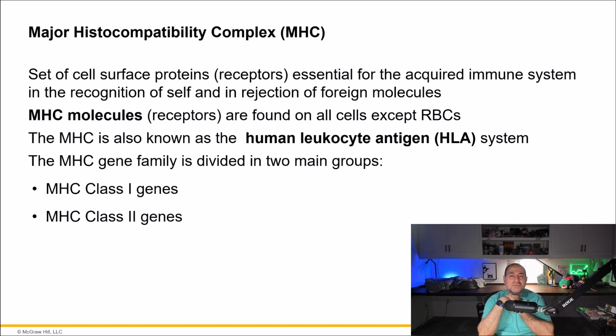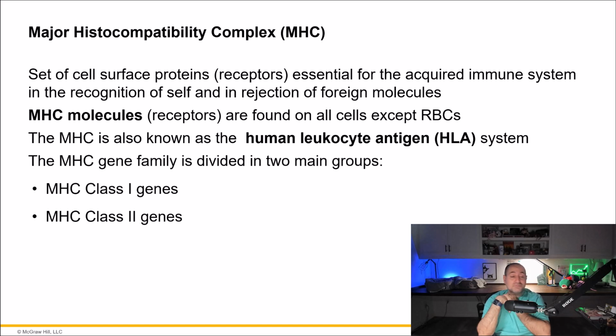And then those are the ones that become activated and destroy cells that are presenting that antigen. That's how cytotoxic T cells work. They recognize foreign antigen on MHC1, and then they become activated, in which case they proliferate and differentiate, and then they go on and destroy any of your cells that are also presenting that particular antigen.